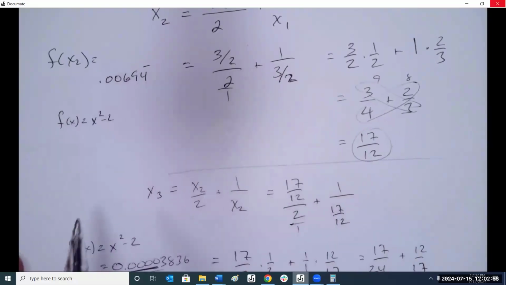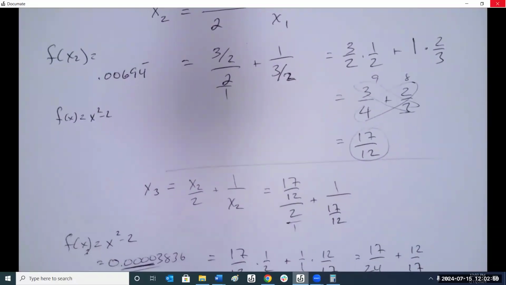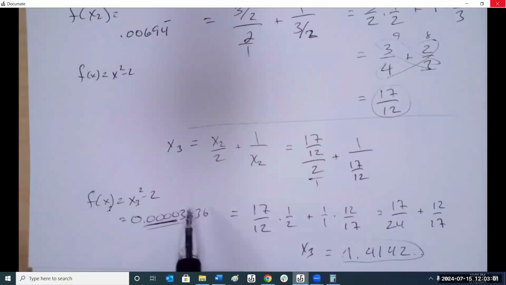So you see each step, this is x3. Each step, our number is getting closer and closer to 0.